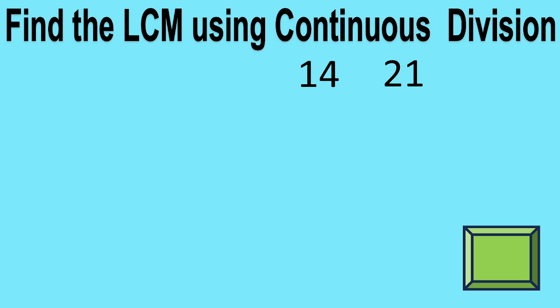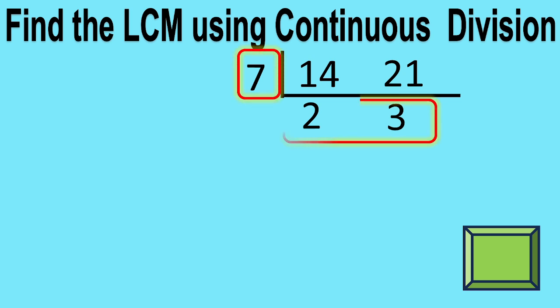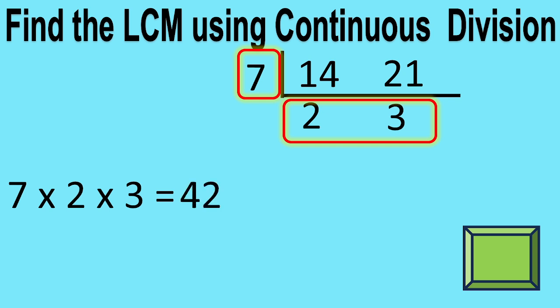Another, 14 and 21. Time's up. The answer is... So, 7 times 2 times 3 equals 42. So, the LCM is 42.